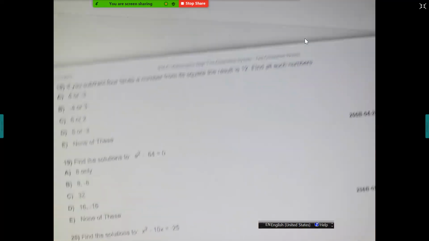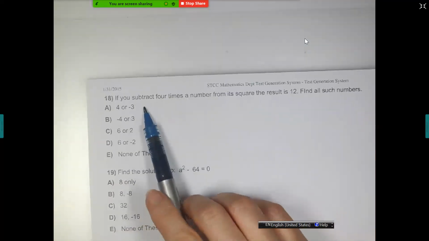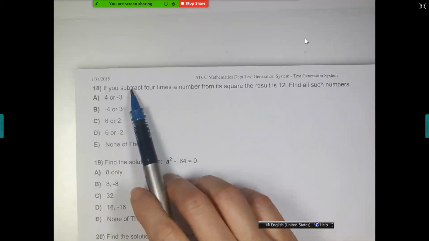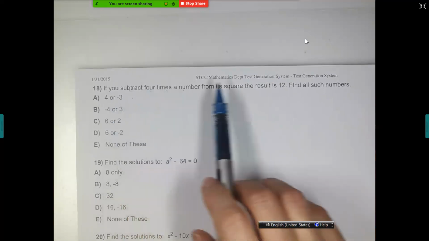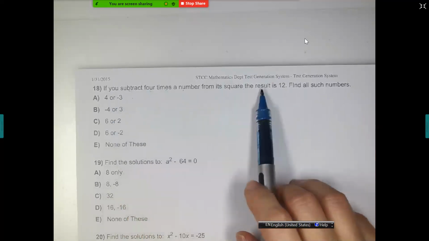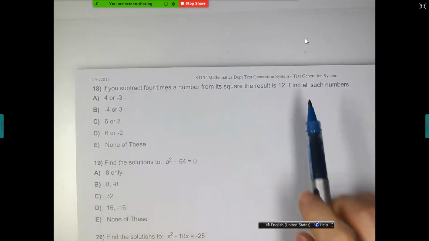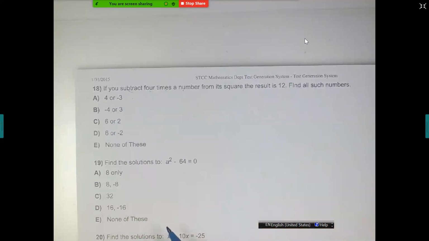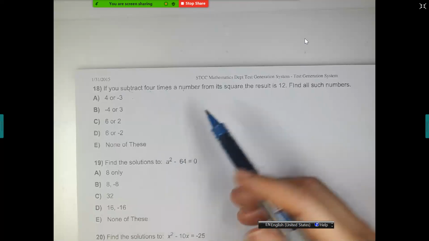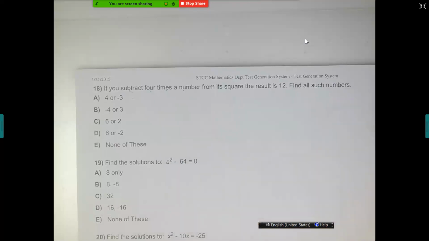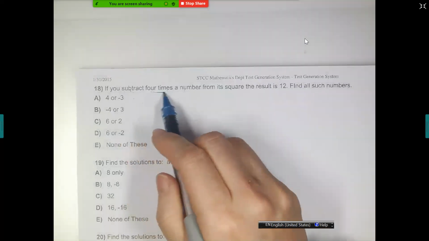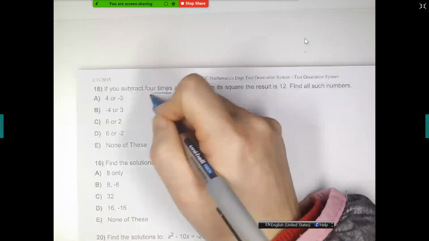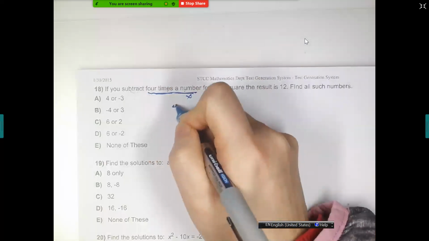And another one right here is like this. So it's a word problem. Okay, it's a number problem. If you subtract 4 times a number from its square, the result is 12. Find all the numbers here. So what is this number? We let this number be x. Then do the translation. Subtract 4 times a number. What is 4 times a number? 4x.